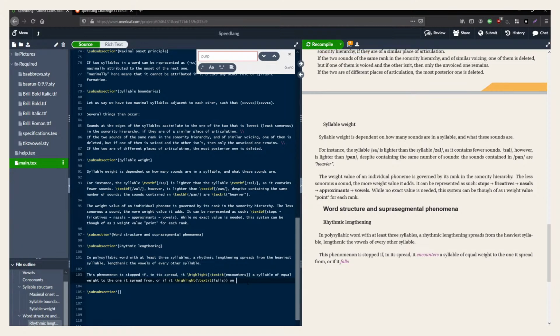Or if it falls on a syllable with an already long vowel. On the heavier syllable that is closest from the end of the word. Gotta make a decision.